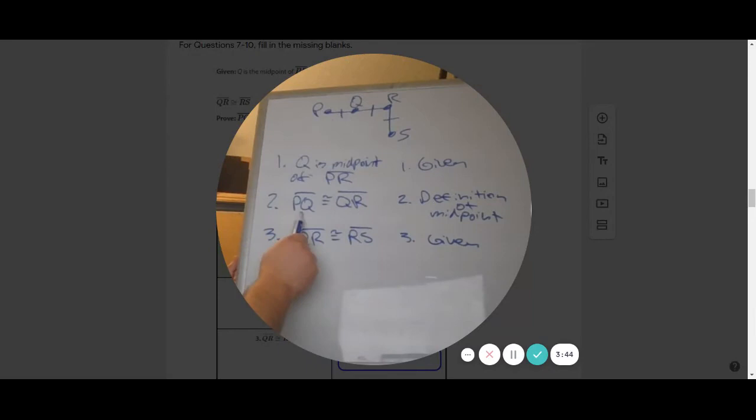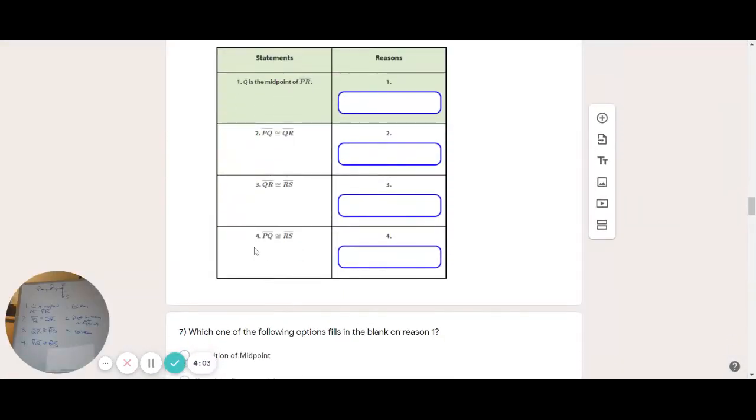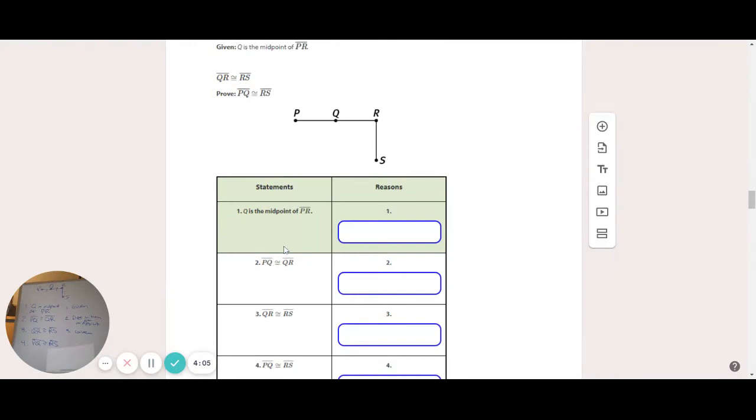If PQ is equal to QR and QR is equal to RS, can't you then say PQ is equal to RS? So I'm not even looking at what's there, but I'm assuming the next step will just say that PQ is congruent to RS. Yep, PQ is congruent to RS. And how did we do that?